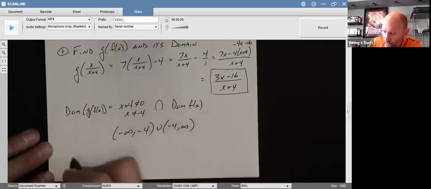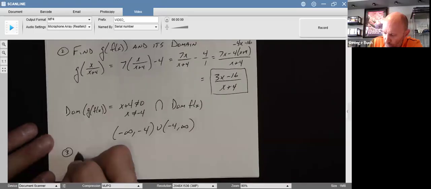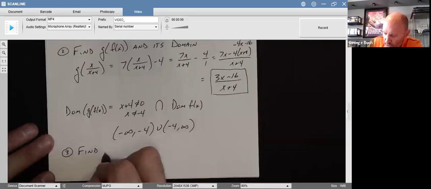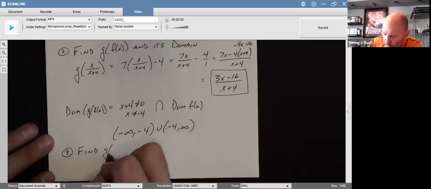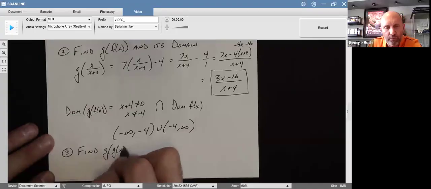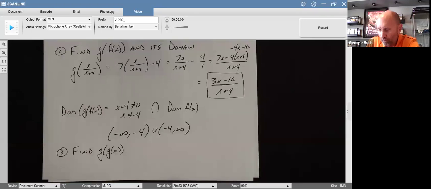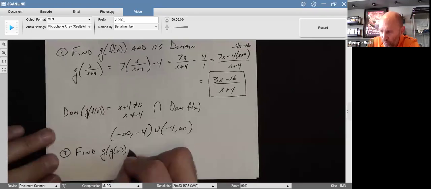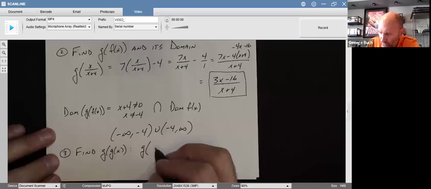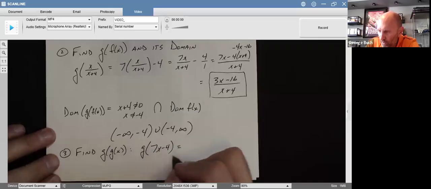And then the last thing I want to just show you how to do, let's say we have g of g of x. It's like, wait a minute, g of g. Well, just do what it's asking you, right? It's g of the g function. So g of 7x minus 4. So plug that in anywhere you have an x.